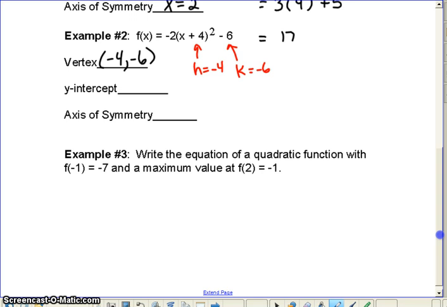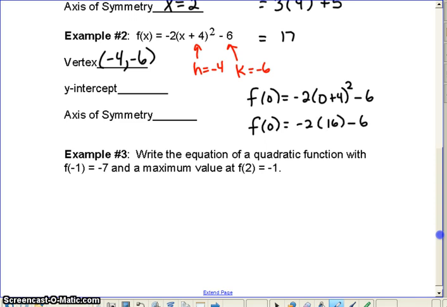All right, the y-intercept, f of 0 is equal to negative 2 times 0 plus 4, quantity squared, minus 6. All right, 4 squared is 16, so negative 2 times 16 minus 6. All right, so negative 32 minus 6 is going to be negative 38.